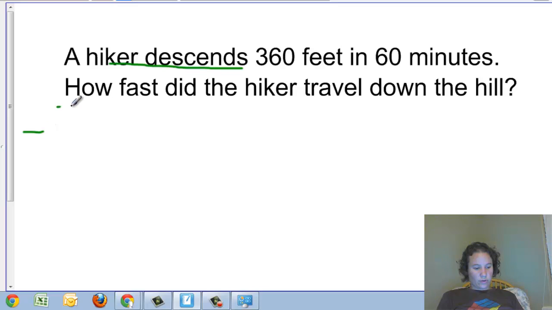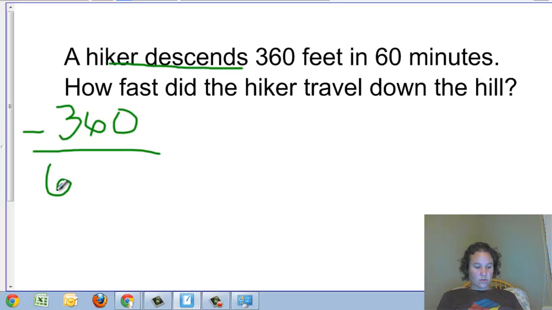So I am going to write out the problem. The hiker went negative 360 feet since they're descending, and they did that in 60 minutes. So I'm going to go ahead and divide this by 60, and that's going to tell me how fast they traveled in 1 minute. So 360, and I should probably include labels here, feet divided by 60 minutes. I have a negative divided by a positive.